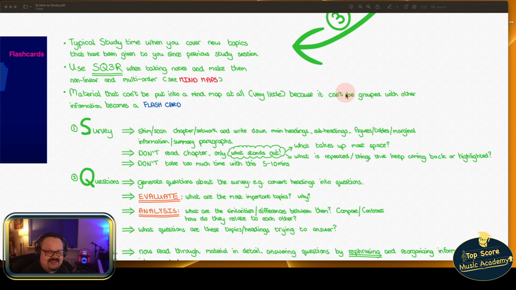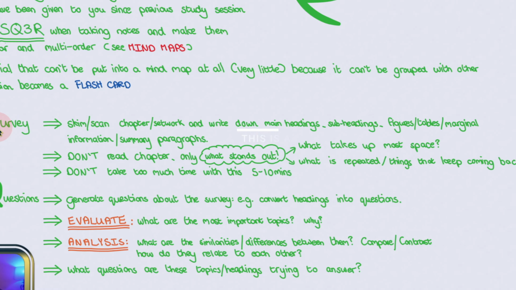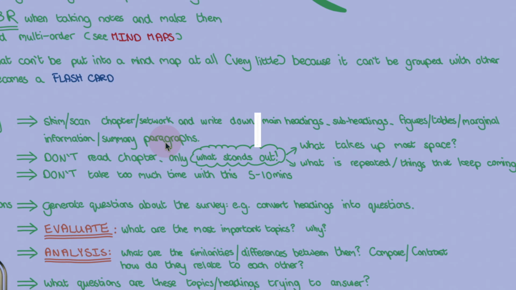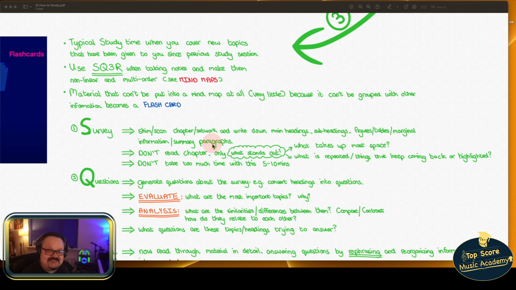Okay, so getting back to SQ3R: survey, question, read, recite, review. When you survey something, you should skim or scan through a chapter or a set work, and write down the main headings, subheadings, any figures or tables or marginal information, the information in the margins, summary paragraphs, any of the big picture ideas in your chapter or in your set work.